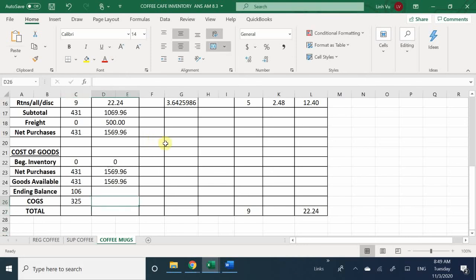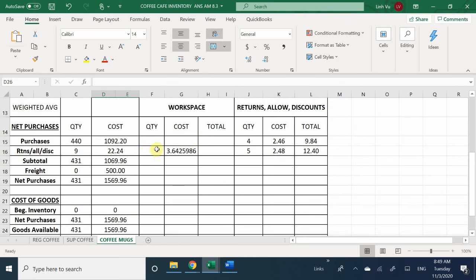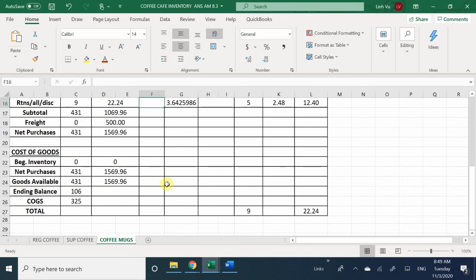You either solve for ending inventory or you solve for the cost of goods sold. What do you want to solve for? Cost of goods sold.